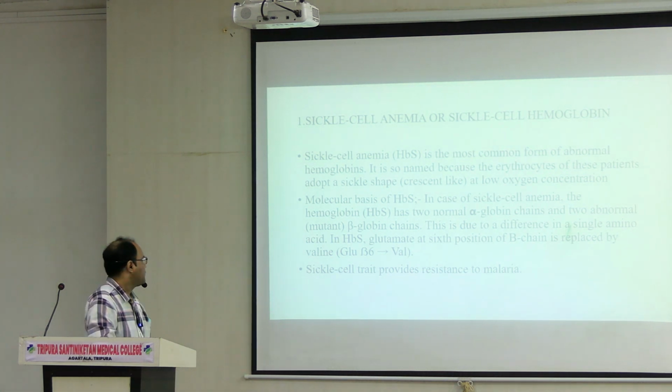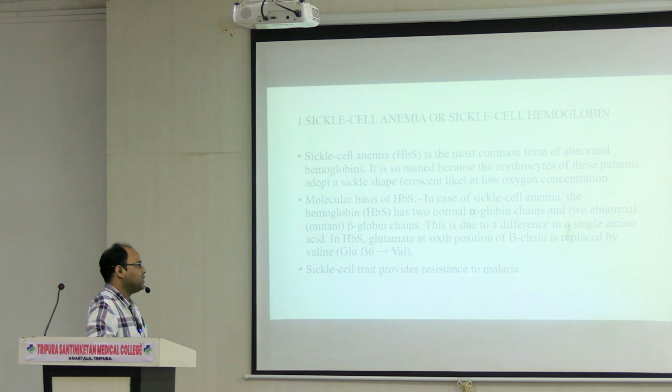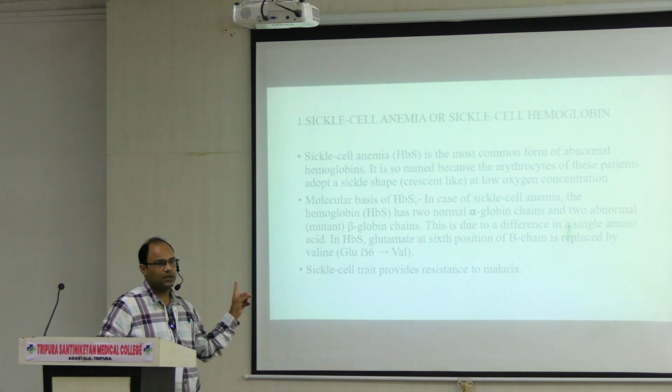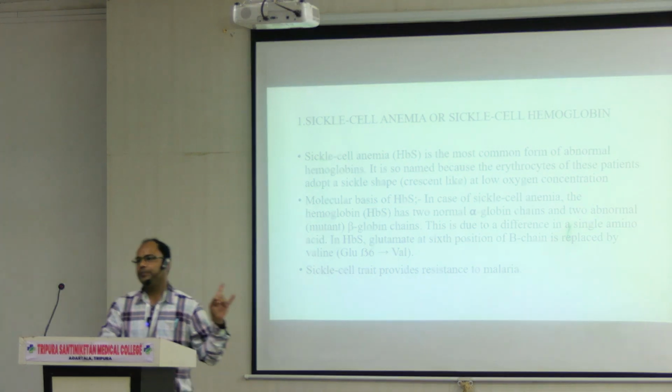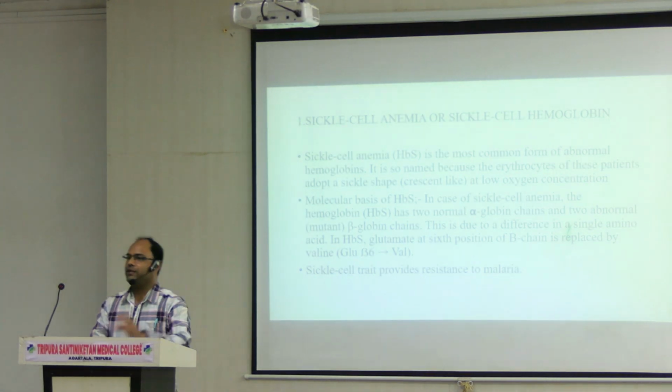Okay. And you can see here, this is the biconcave shape, but this is the sickle cell. So the malaria parasite cannot remain inside this cell. It will die. So a patient suffering from sickle cell anemia has some resistance against malaria infection.